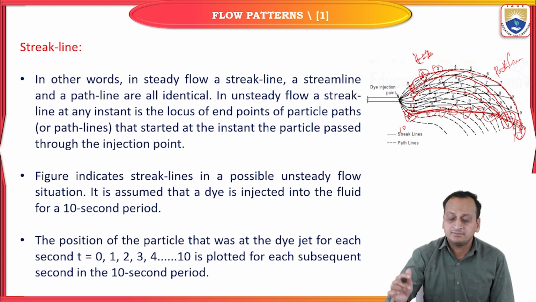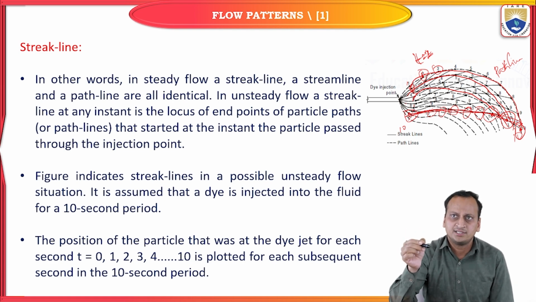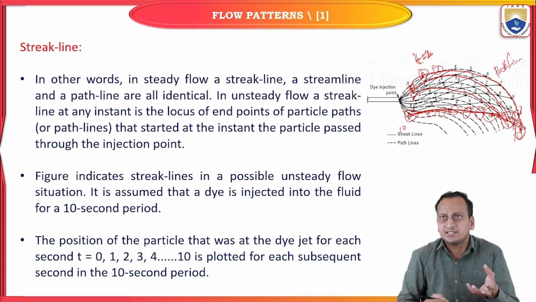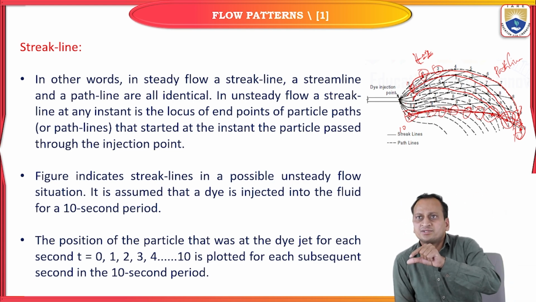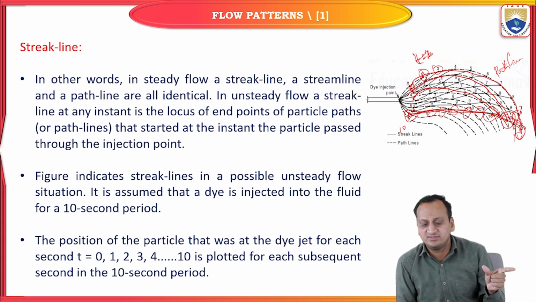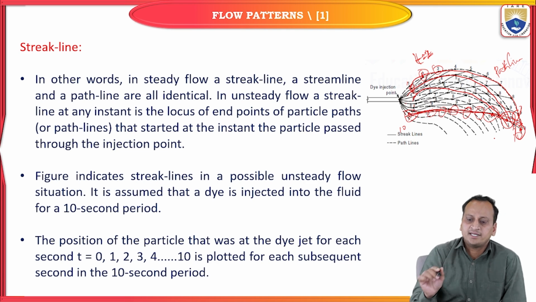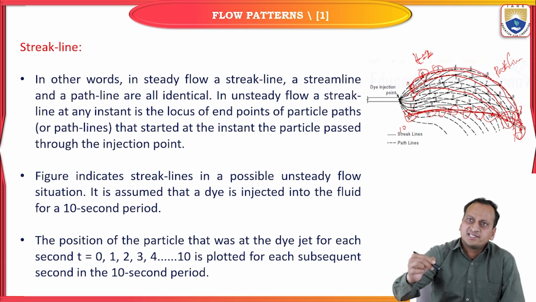If you want to draw a streak line for the 9th second, you connect the 9th second positions of all fluid particles, even though they were injected at t equals 1, 2, 3, at different timings. At the 9th second, the positions of all these fluid particles are connected with a solid line. That particular line is known as a streak line. But path line means for 1 to 10 seconds you have to follow that particular fluid particle only.